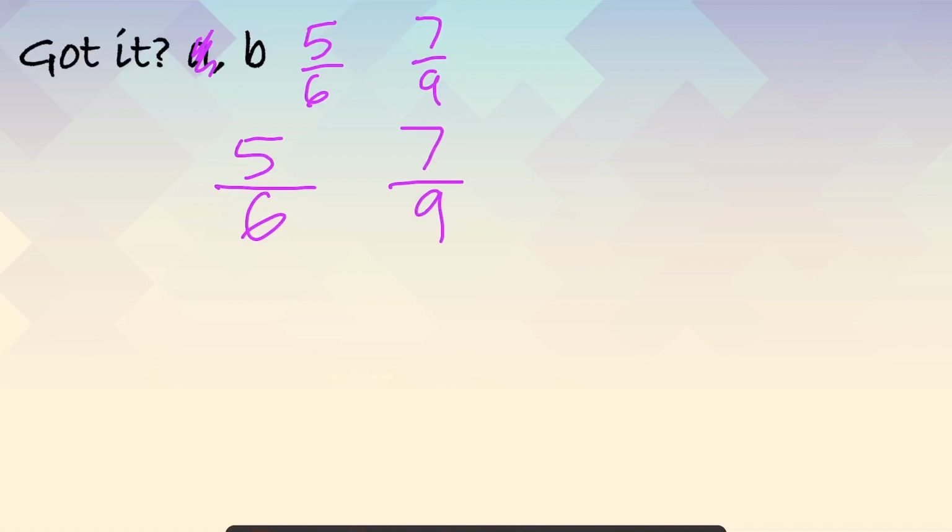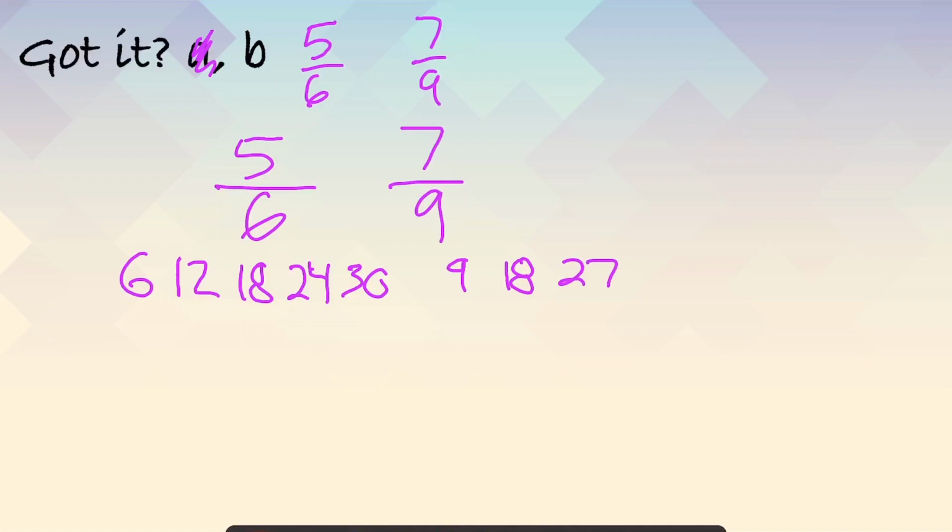So let's start listing multiples of 6. Well, we have 6, 12, 18, 24, and 30. I'll just stop there. And then for the 9, multiples of 9, we have 9, 18, 27, 36.